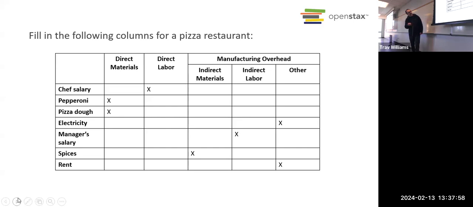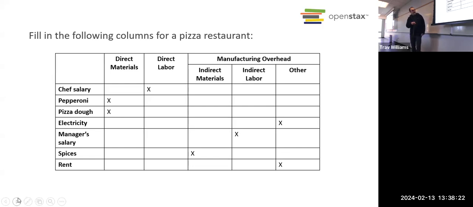Okay, now here we have spices. Spices as indirect materials. Why would they be indirect and not direct? Is it kind of like the sprinkles? Exactly. It's too hard to track how much oregano did we put on this pizza? What's the cost of that, right? So it's easier just to throw it into overhead and we'll figure it out later. We'll apply those costs later.